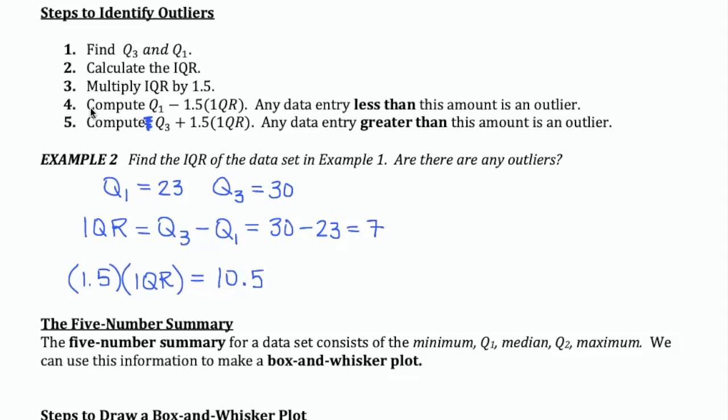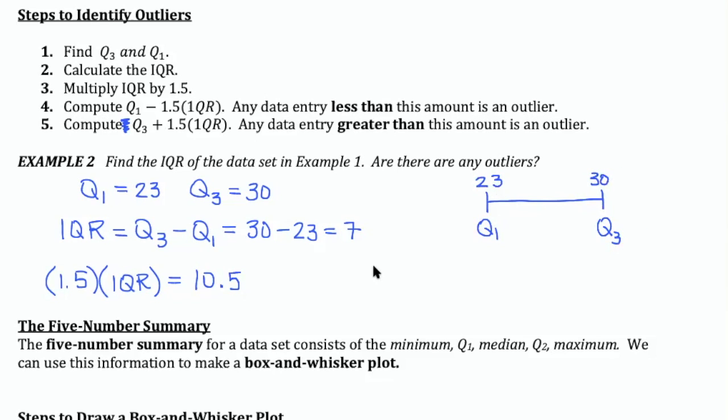Now, here's what you're going to do in steps 4 and 5. I find it's helpful to think about it this way in terms of some fences or some borders. So Q1, let's say, was here at 23, and Q3 is 30. What you're going to do next is you're going to subtract this calculated amount, this 10.5, from the Q1, kind of pushing out this way to establish a new lower border.